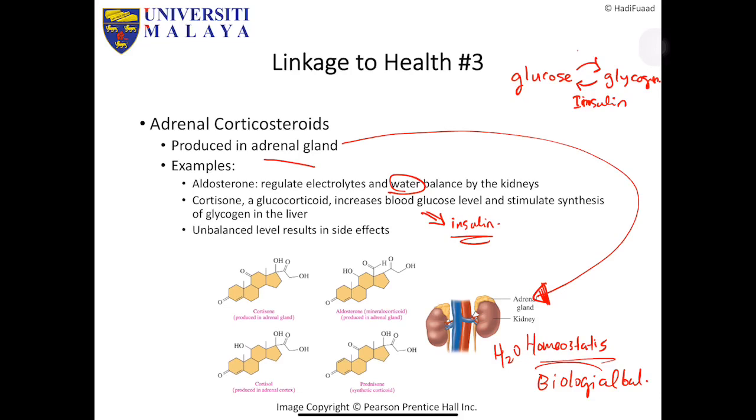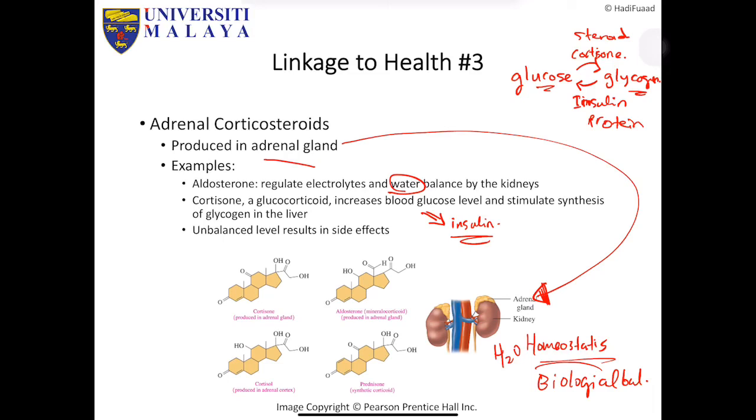And then you have glucose, and over here cortisone, which promotes the formation of glycogen from glucose. So even though one is a protein and one is a steroid, which is very interesting, isn't it, they work hand in hand to control the homeostasis of sugar in our blood.